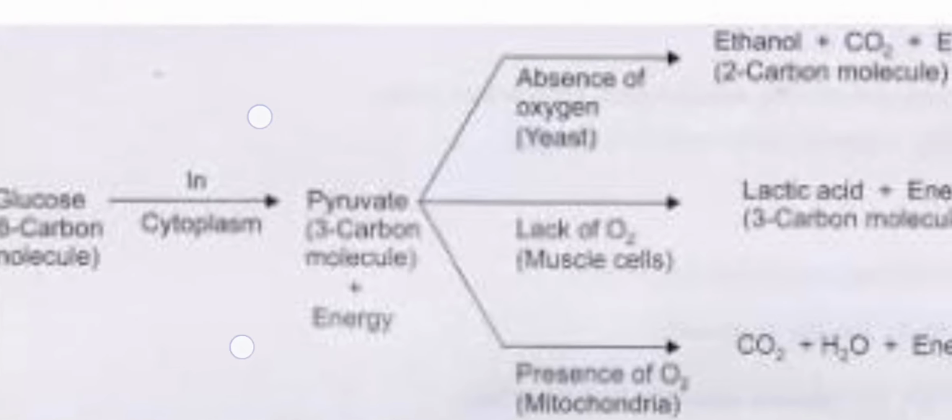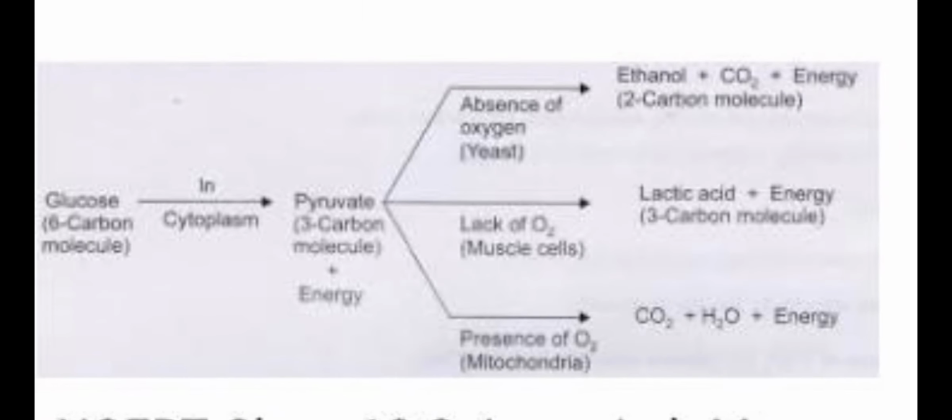Now, this pyruvic acid further undergoes oxidation depending upon the type of organism, whether the organism is aerobe or anaerobe. If the organism is anaerobe, then you can see the first reaction, that is in the absence of oxygen.